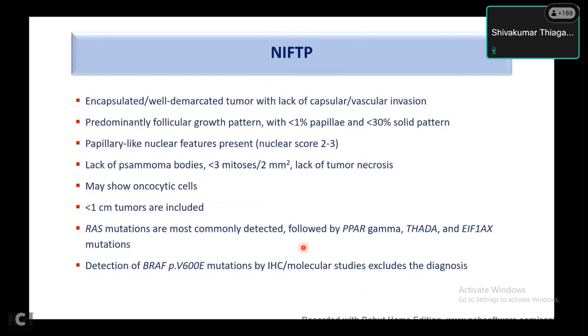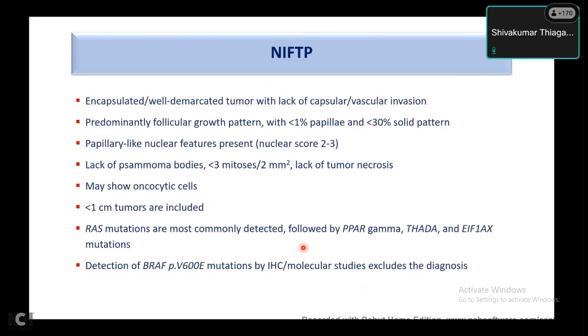We're not going to operate or not operate on a patient just because it's Bethesda 3 or 4. Along with that, what are the other clinical factors? Whether there's any history of radiation exposure, any family history, whether it's a male or a female patient, whether the patient is less than 55 or more than 55 years of age, and then the various ultrasound features: the echogenicity, the microcalcification, taller than wider. So there are multiple factors to it.